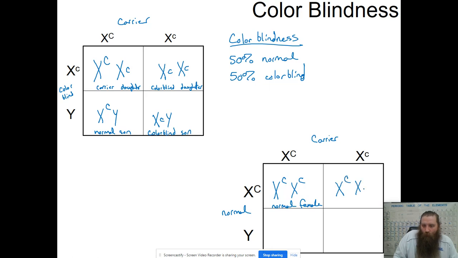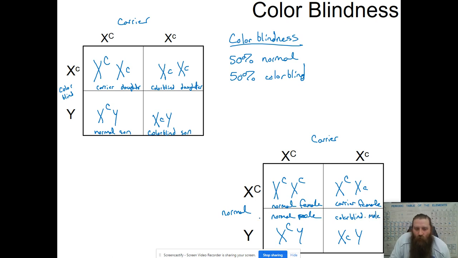Big C, little c. This would be a carrier female. Big C, Y. This would be a normal son, right? Normal male. And we would have little c, Y. This would be a colorblind male.